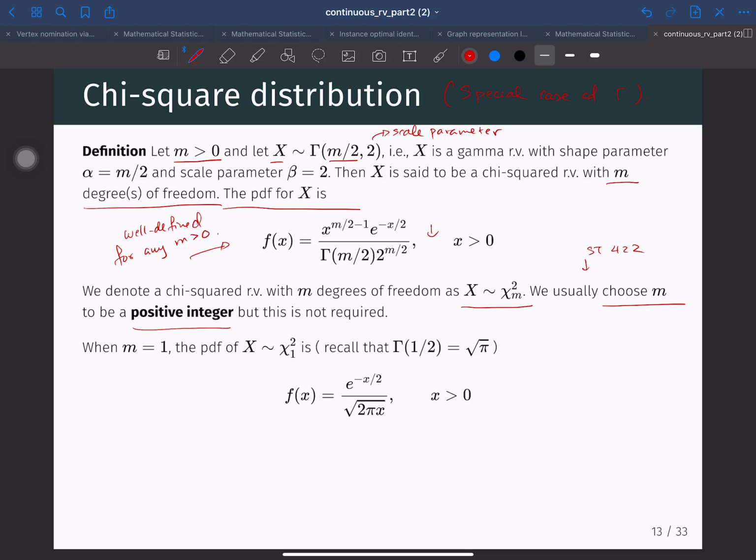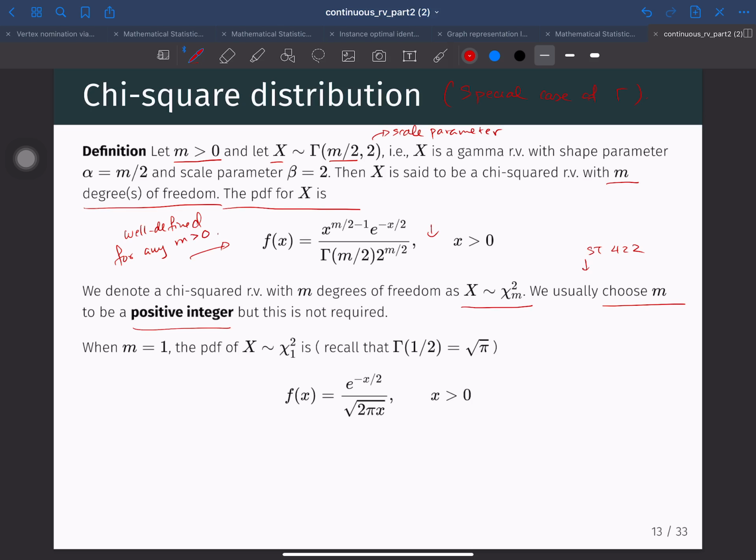If z squared was monotone, it would be equal to the probability that z is less than or equal to square root of x. But because it's not monotone, you have to truncate it at minus square root of x. And because z is standard normal, this is given by the difference of the CDF of a standard normal. Like I said, phi is the CDF for the standard normal.